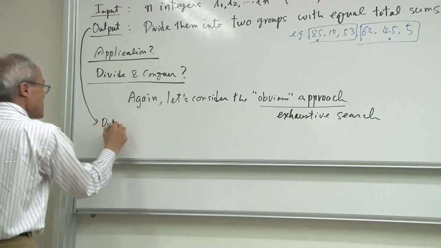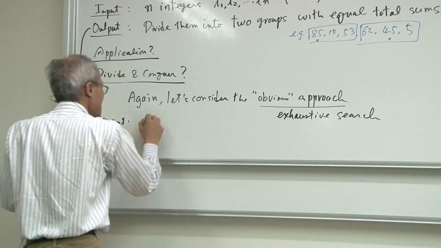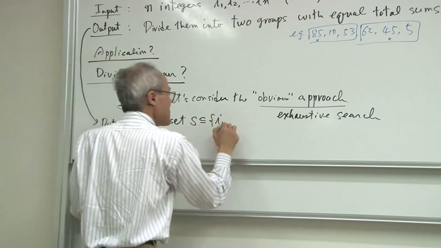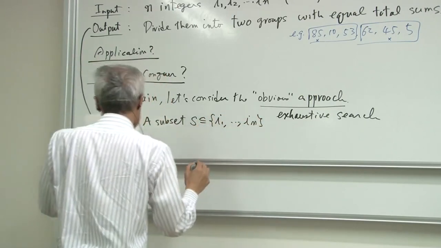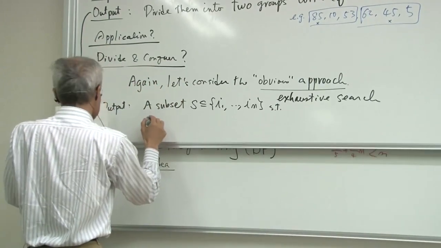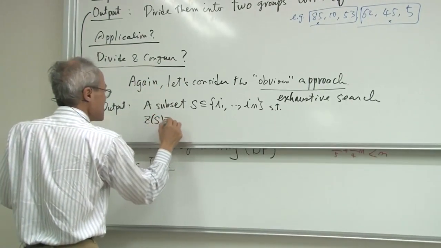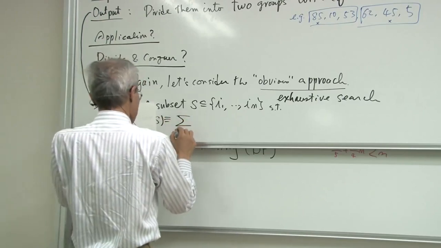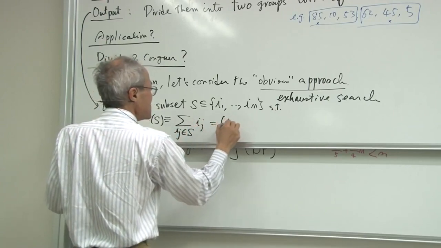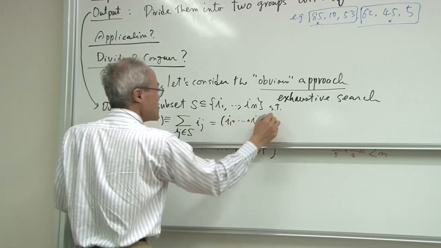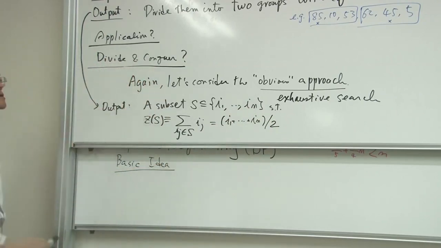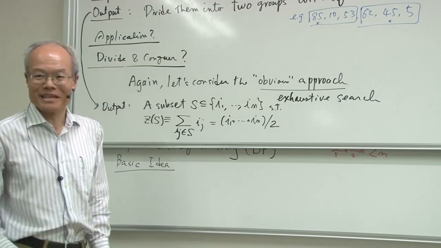So now the output is a subset S, such that... okay, so now I'm using this definition for the output. Exactly the same. That's the same as before.